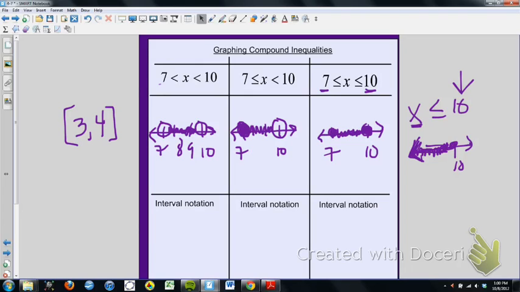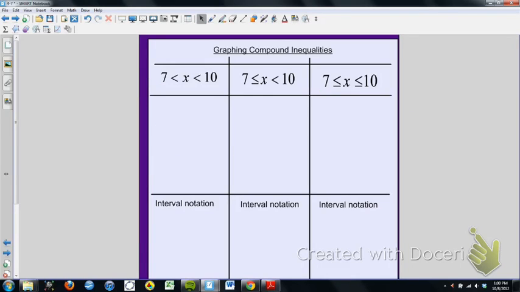If you can include the endpoint, you want to use these square brackets. Okay, I lost some of my writing here, but it's okay. Let's just start with this inequality that's right here.